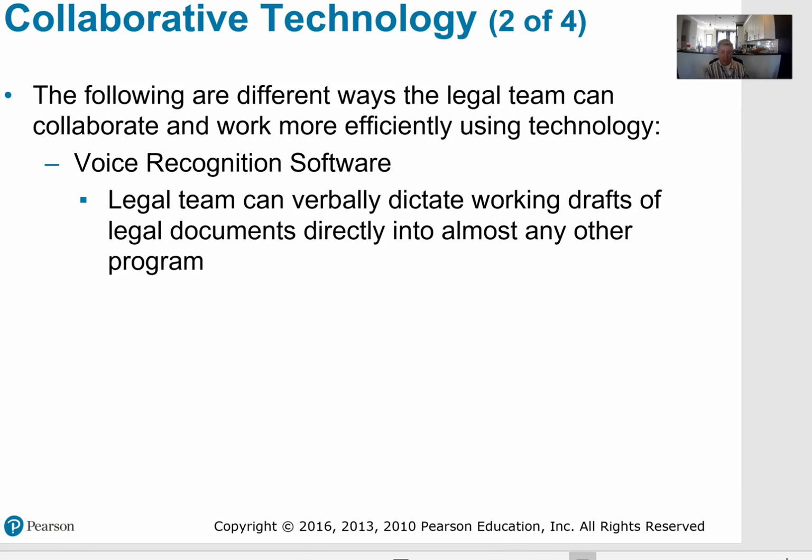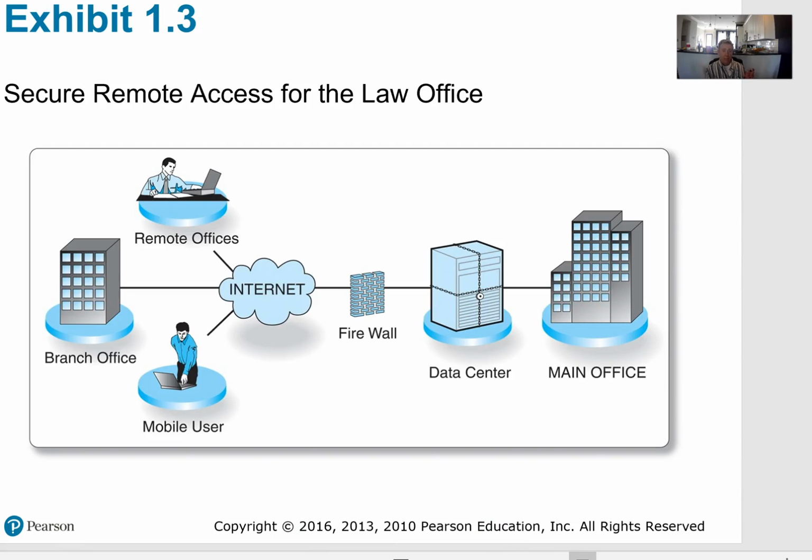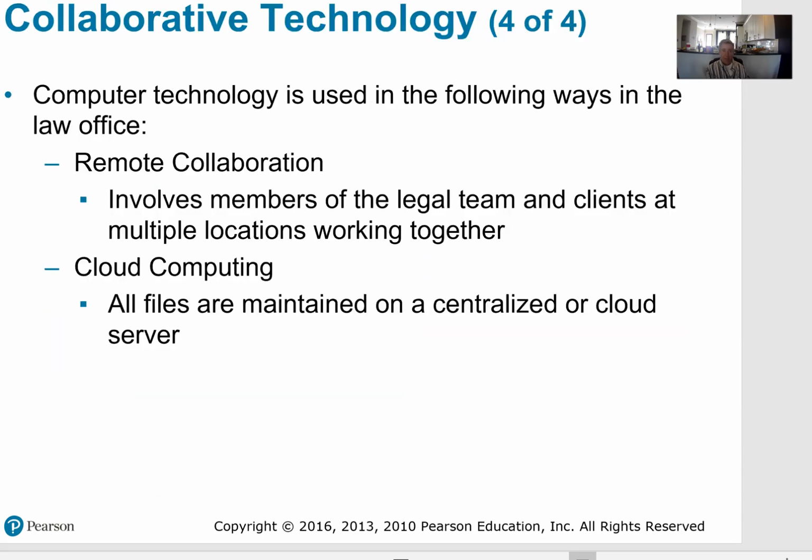The last slide is just copyright information. Oh, this nice little graphic. You're going to have firewalls, of course. In remote offices, the internet. Cloud means when all the files are stored on a cloud server, which means it's probably not on site.